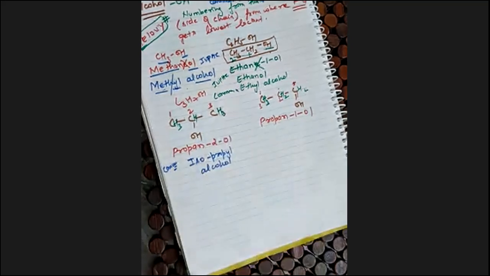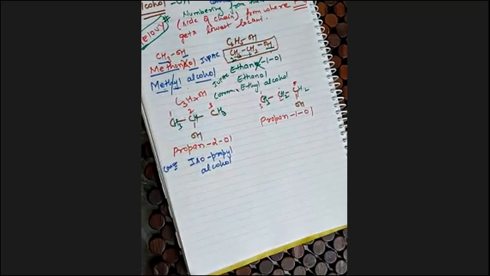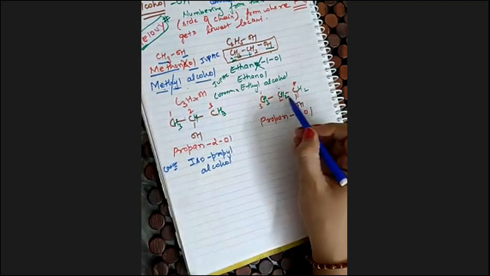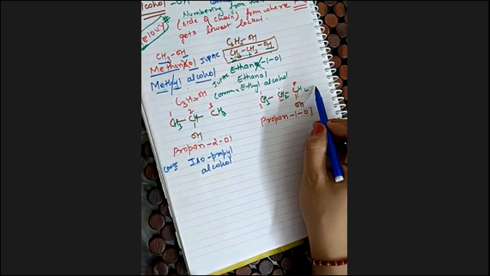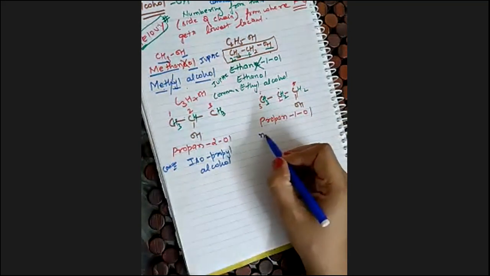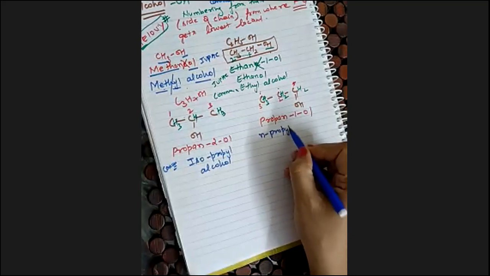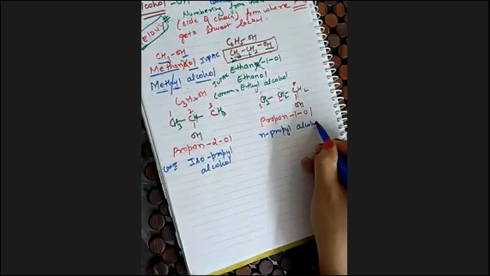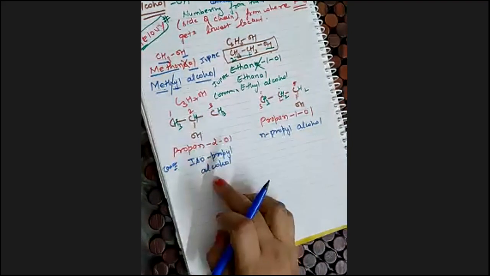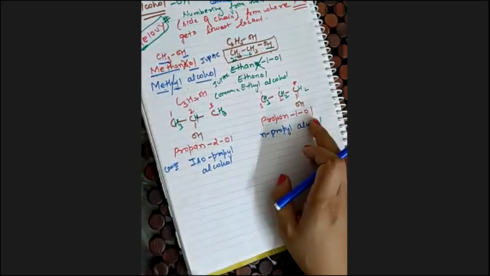And when you have bonds in sequence and your functional group is attached at the end, this is known as normal propyl alcohol, or you can write n-propyl alcohol. Clear? So this is isopropyl alcohol, this is n-propyl alcohol.